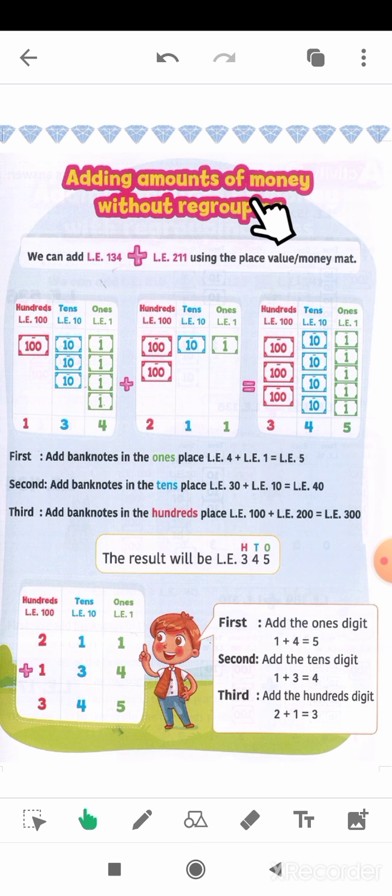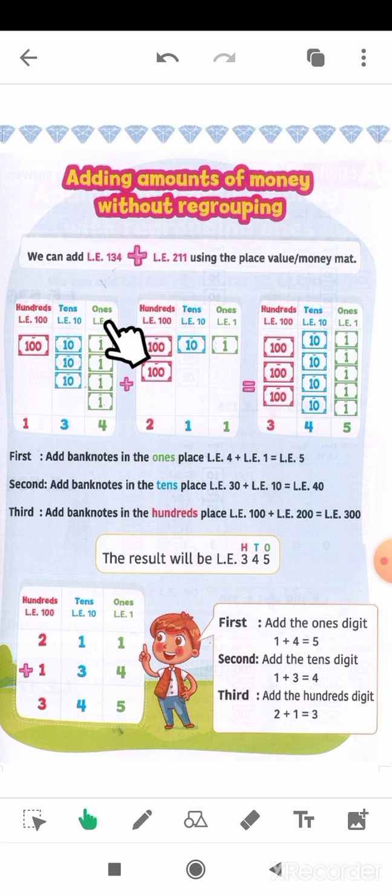Here, adding amount of money without regrouping. You can add numbers like 134 plus 211 using the place value also. So if I have 134 plus 211, we will add ones with ones, tens with tens, hundreds with hundreds.